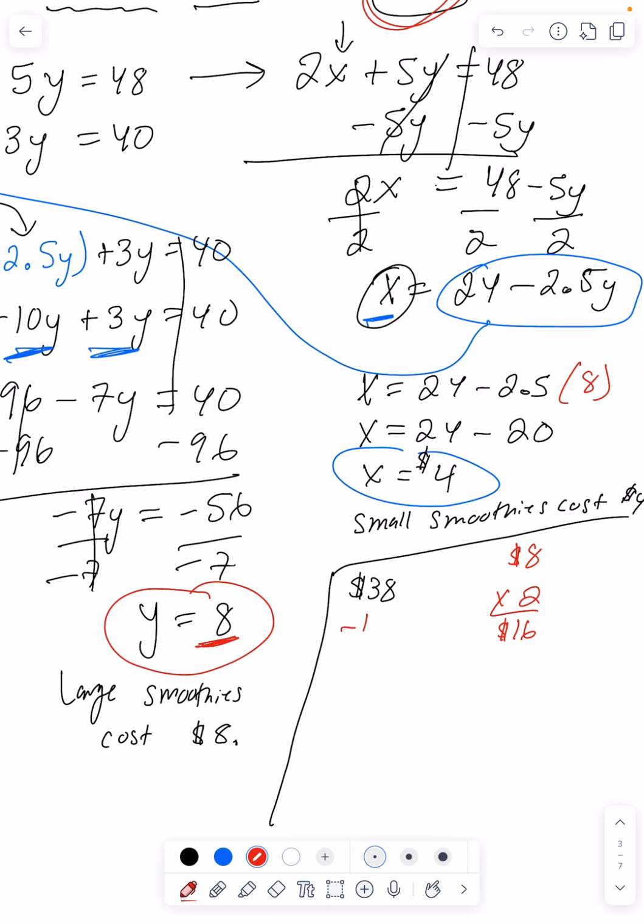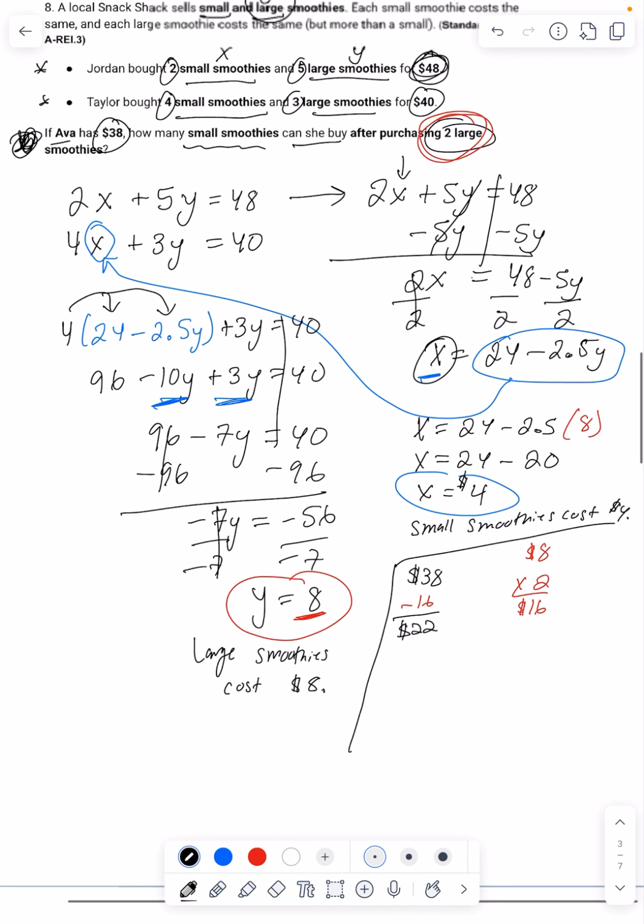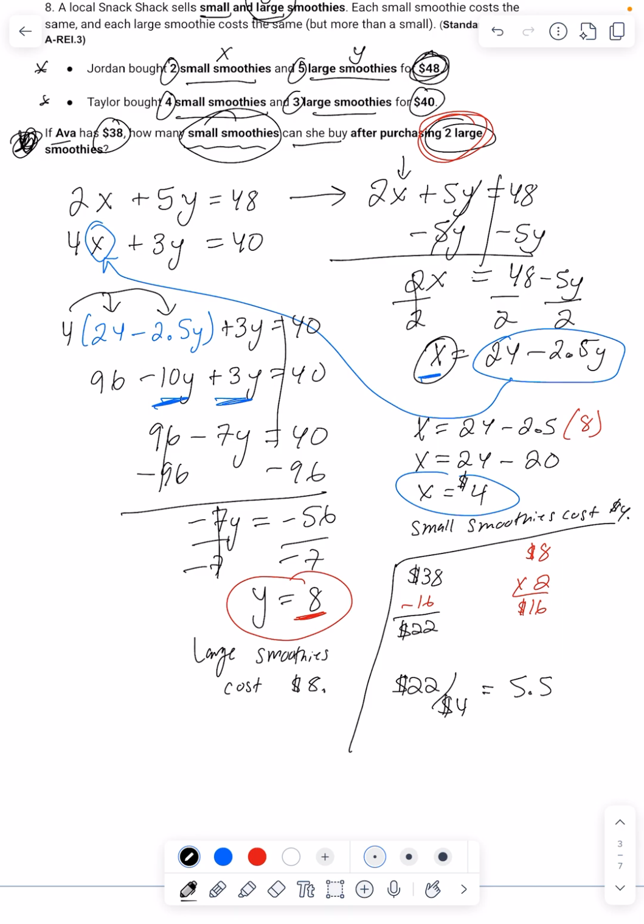If you subtract that from what she had, she only has $22 left. They're asking how many small smoothies she could buy. If I have only $22 and each one costs $4, in theory I could buy 5.5 smoothies, because 22 divided by 4 is 5.5.